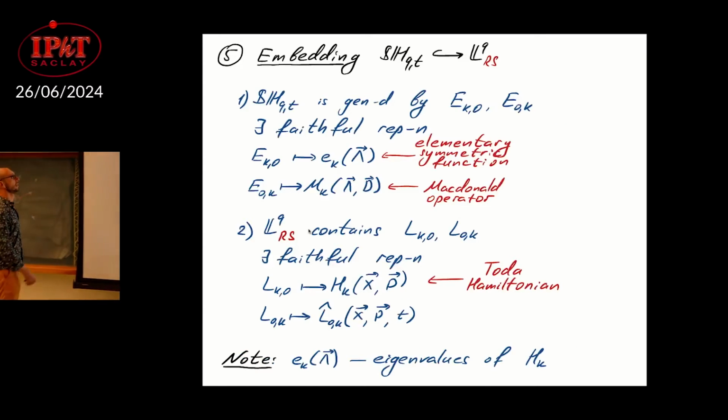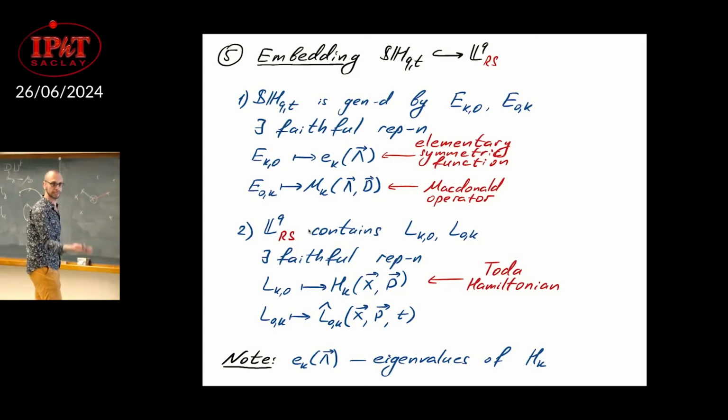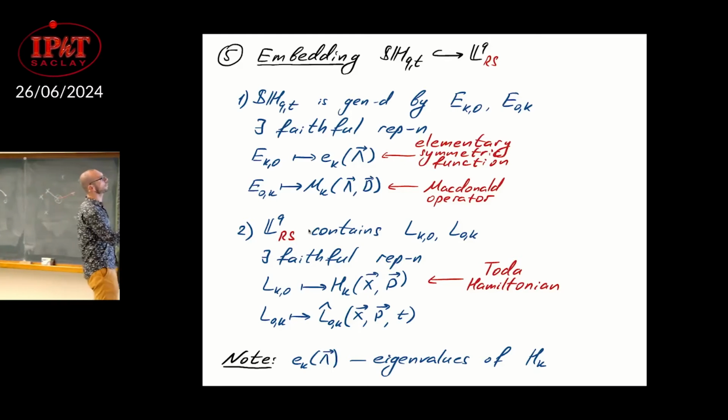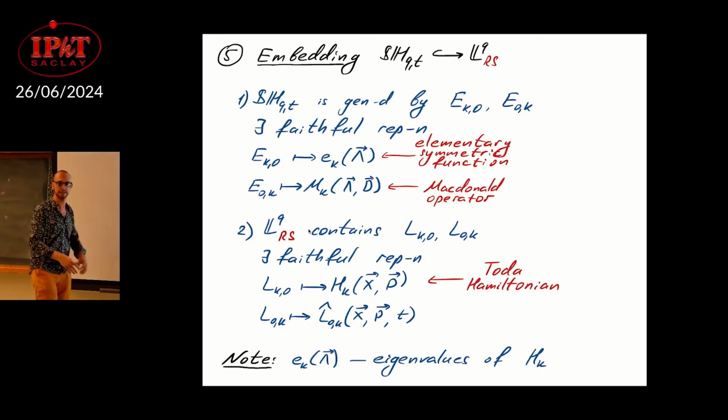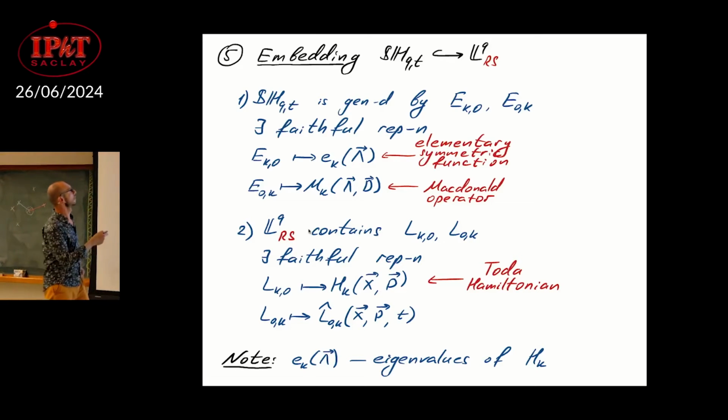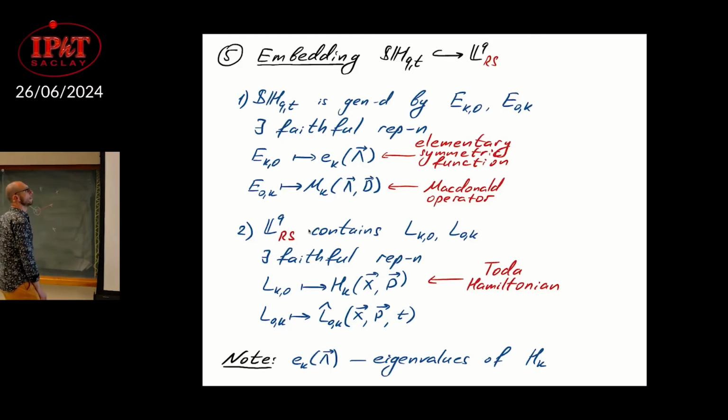In other words, to summarize what I just said, we're trying to construct an embedding of spherical DAHA into this quantum cluster variety. And if we have a representation of the quantum cluster variety satisfying all these properties, we just pull it back to the subalgebra, spherical DAHA, and we're done. So indeed, let me rewind.